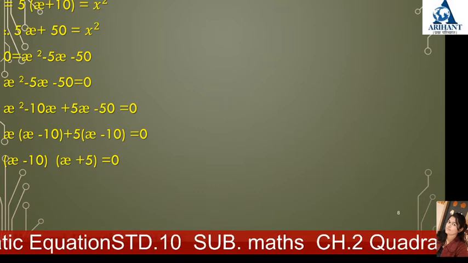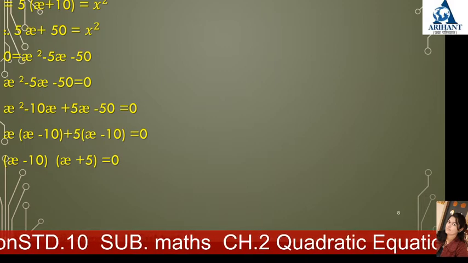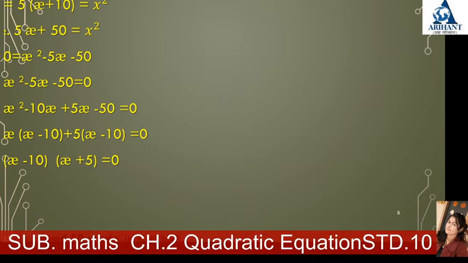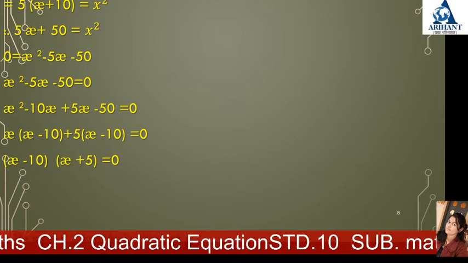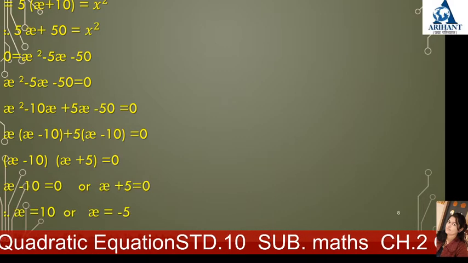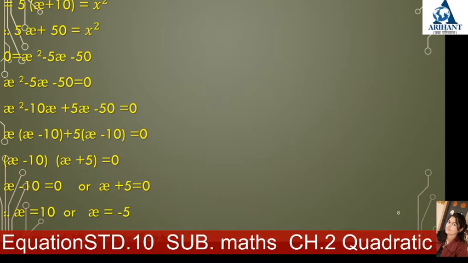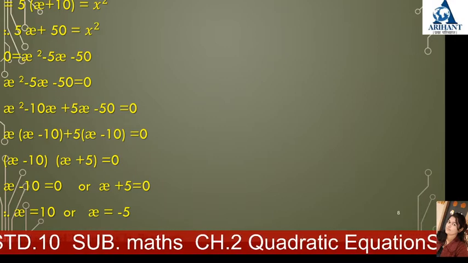So in the bracket we will get x minus 10, that is equal to 0. Let's common out the bracket x minus 10, and the other bracket will be x plus 5, that is equal to 0. So we know x minus 10 is equal to 0 or x plus 5 is equal to 0.